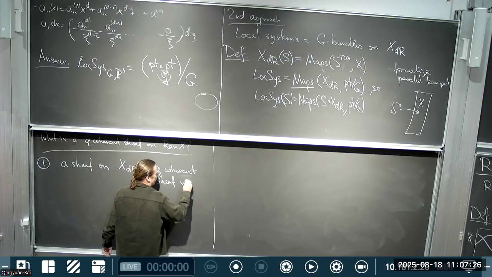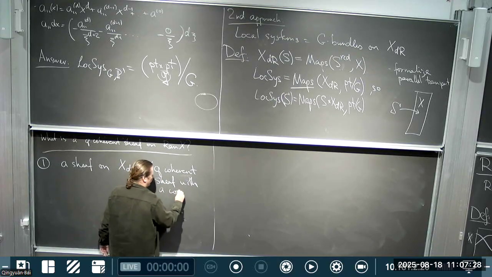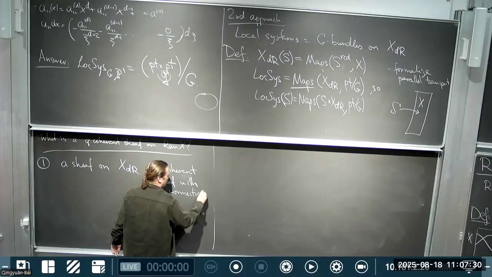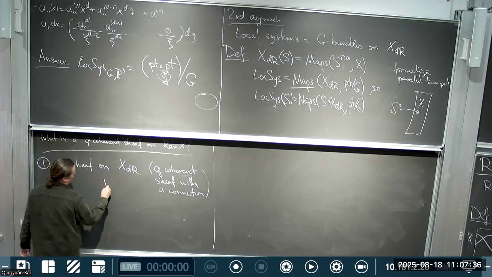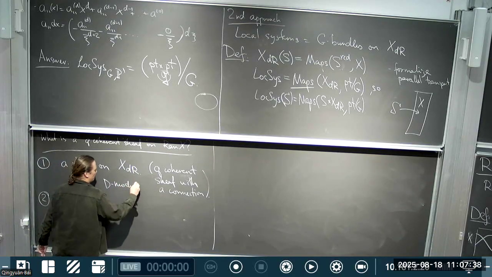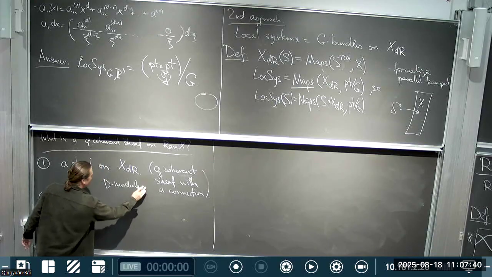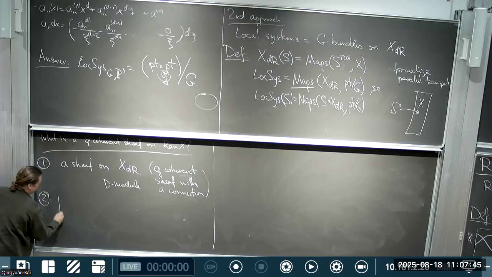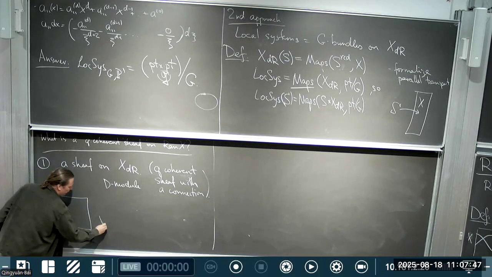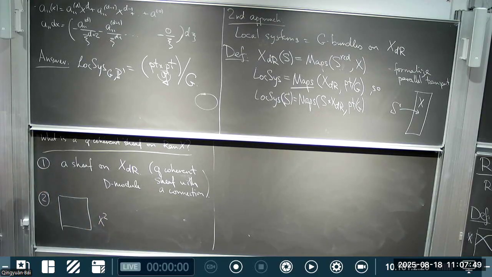Sheaf with a connection. Okay, fine. Now I have to start with the D-module, otherwise we'll never get any. So what happens on the second step? On the second step, we now have X squared and one X.